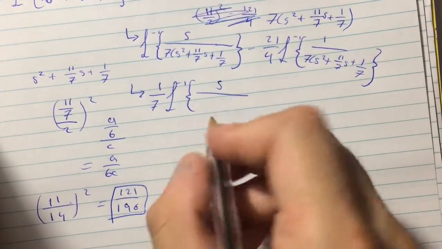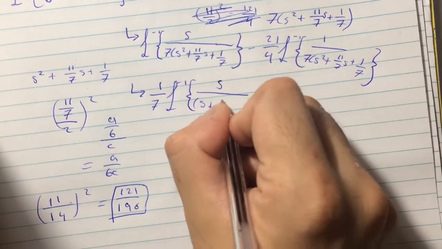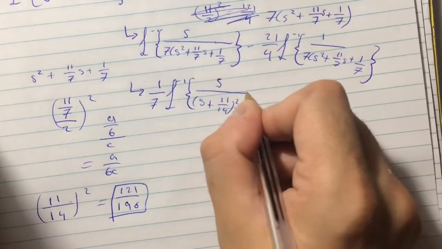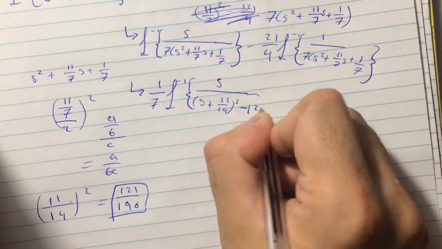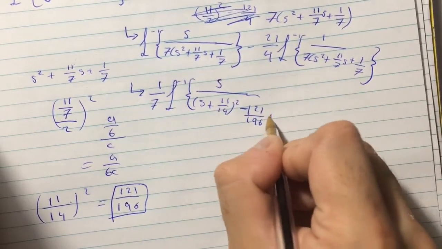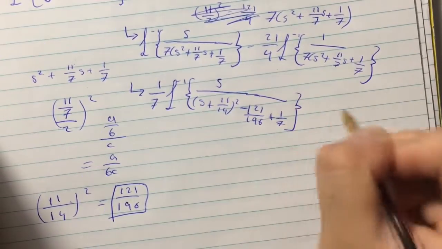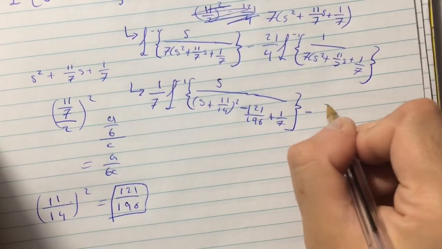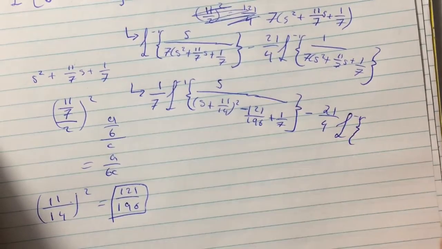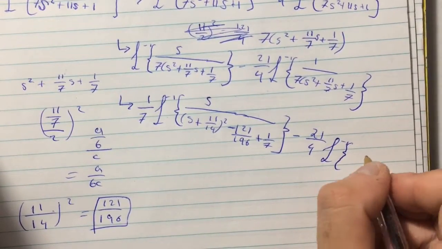So what I have to do right now is say this is s plus 11 over 14 squared, then minus 121 over 196, and then plus 1 over 7. And then that's minus 21 over 4, you know the drill. I said I was going to fix the wonkiness, but I continued to do it again.